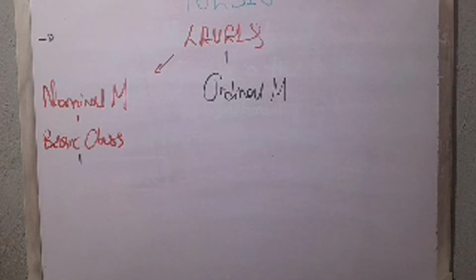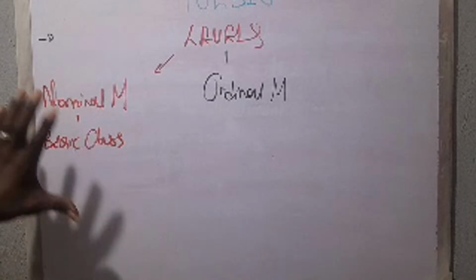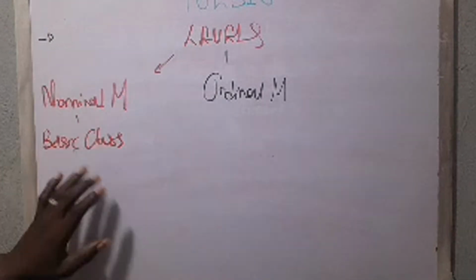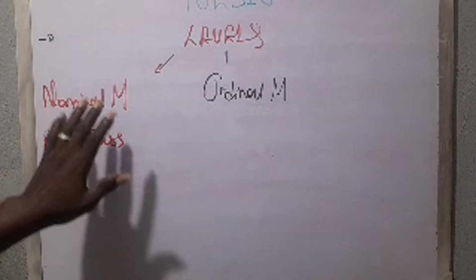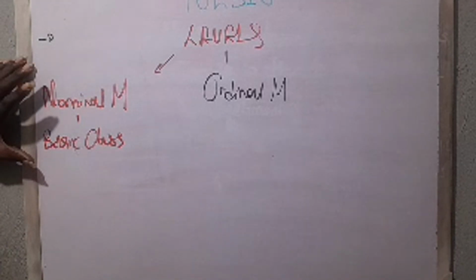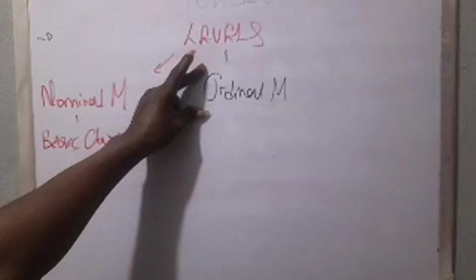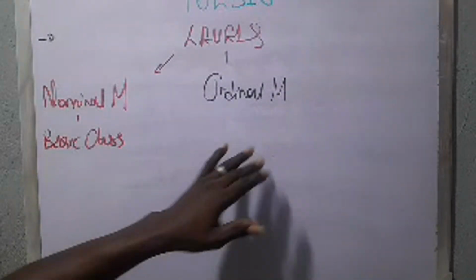For example, in our basket we have balls. Nominal measurement will tell you, basic class, that in that basket we have 20 balls. It will not even tell you which is red, which is blue, or which is yellow. But ordinal will tell you that in that basket we have 3 red balls, 2 green balls, 5 blue balls.